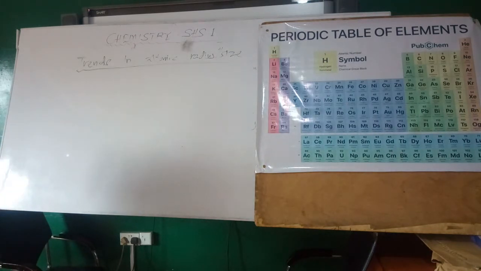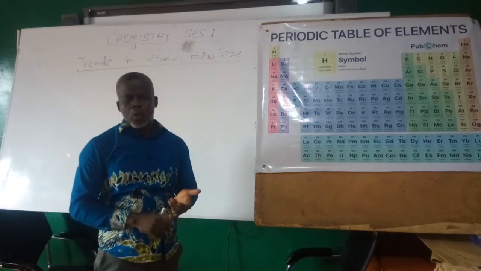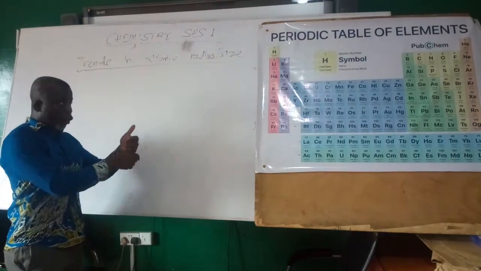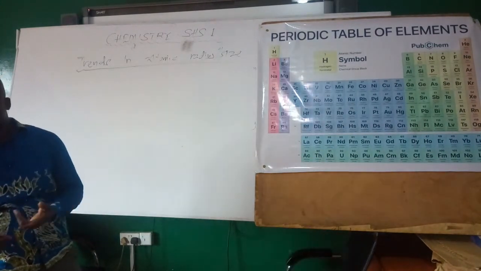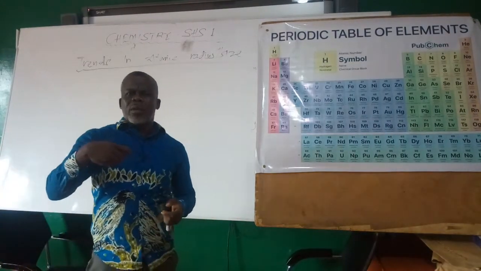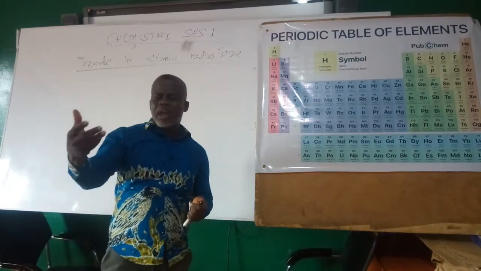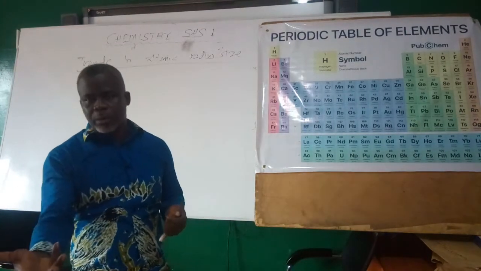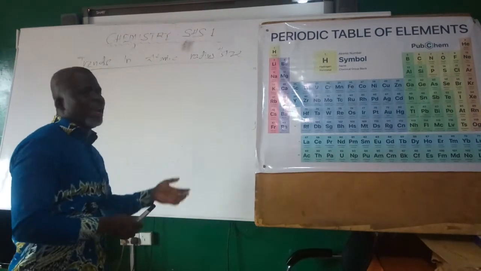Whether this increases or decreases across a period depends on the effective nuclear charge and also the screening effect. If you remember, in our previous lessons, we learned the effective nuclear charge, which is the net positive charge the outermost electrons feel or experience from the protons in the nucleus.